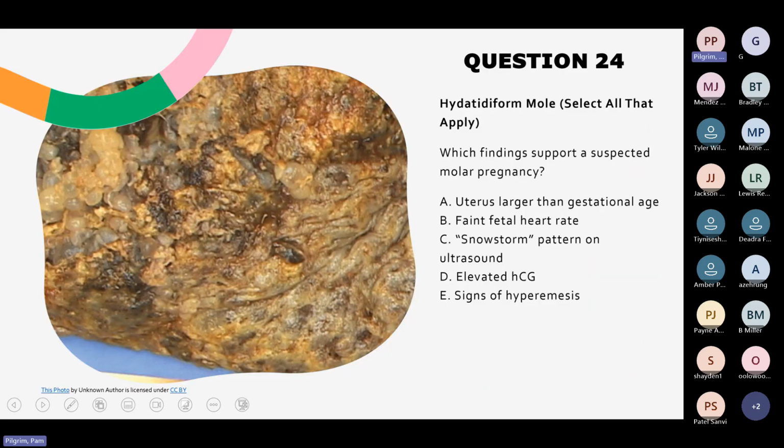And then hydatidiform mole. Which pregnancy findings support a suspected molar pregnancy? And this is a select all that apply.